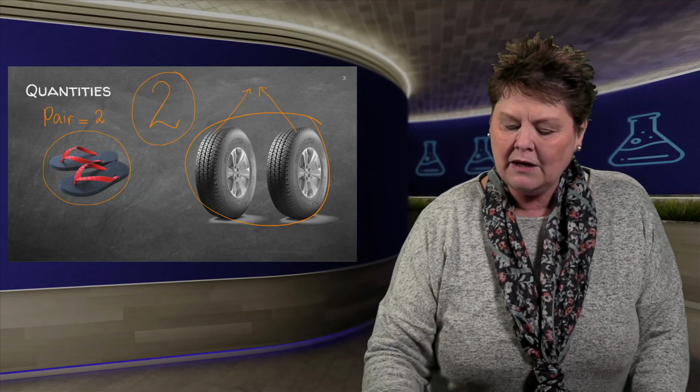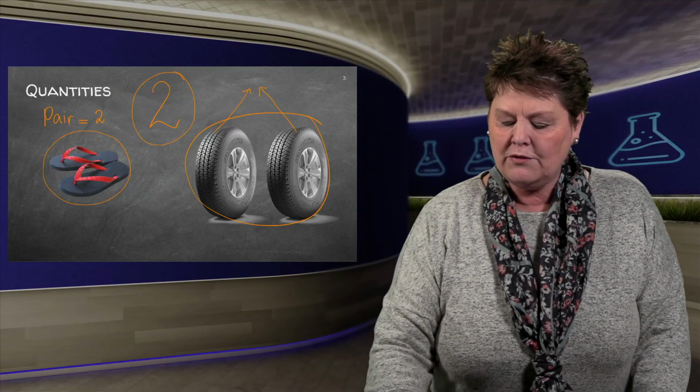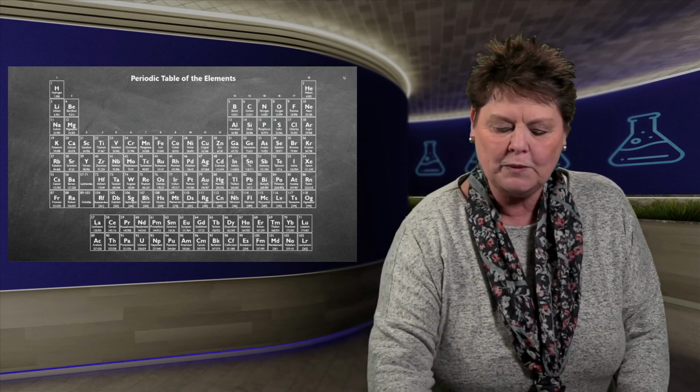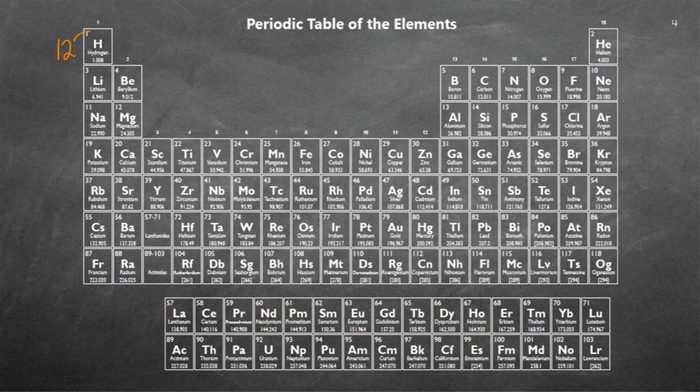Now, what's happening with our periodic table? Remember, we've got our periodic table, and it's not dozens because we didn't take 12 hydrogen, 12 beryllium, 12 titanium. We also didn't use 2. We didn't take 2 nitrogen or 2 neon.